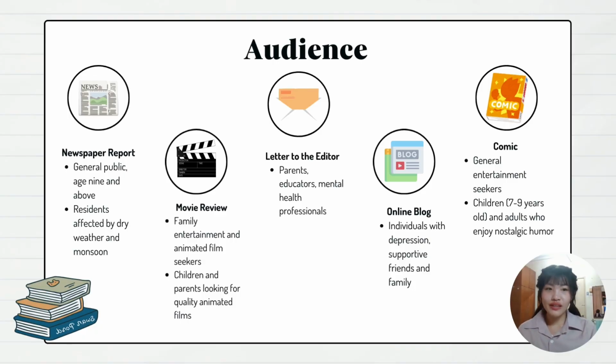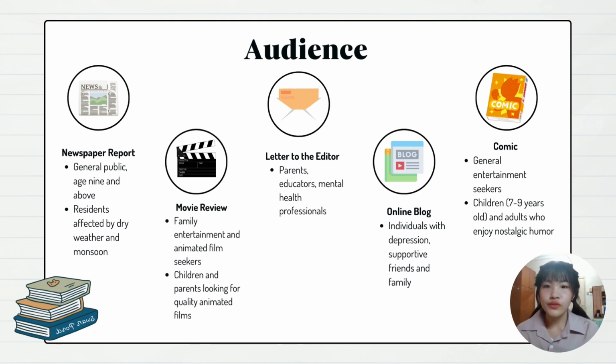Next, I'll be explaining about the audience of different types of text I have analyzed. First of all, the audience of the newspaper report includes general public. They are mostly 9 years old or above, especially the residents who will be affected by the dry weather and southwest monsoon reported in the newspaper report itself.